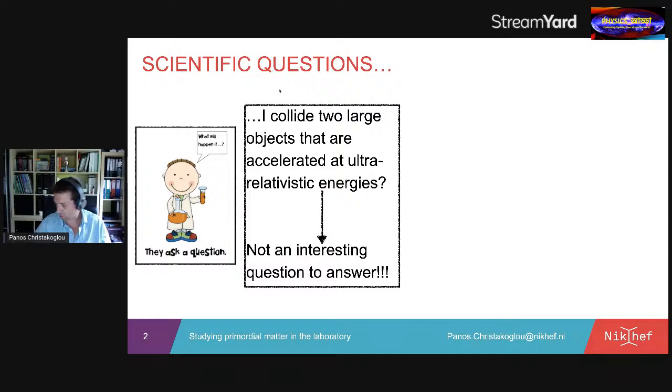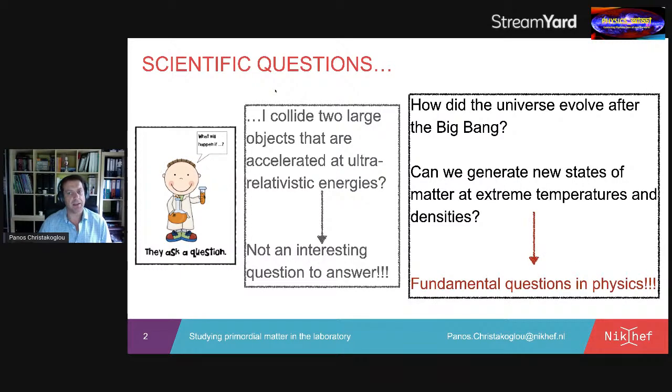When I was a kid, these were the kind of questions, maybe not at high energies, that a kid would test. We would take toys and smash them together and try to see what the debris looked like. Now we are a bit grown-ups, or at least we think we are, and this type of question is not really an interesting scientific question to answer.